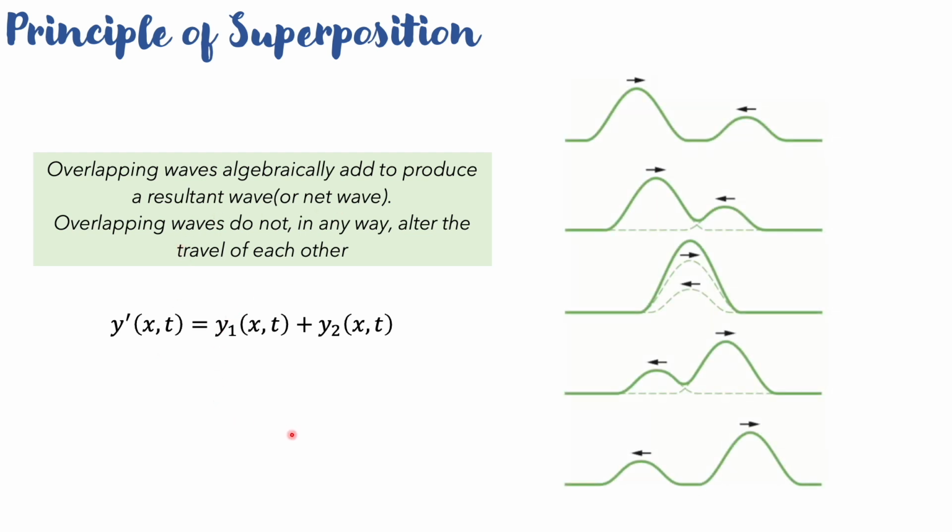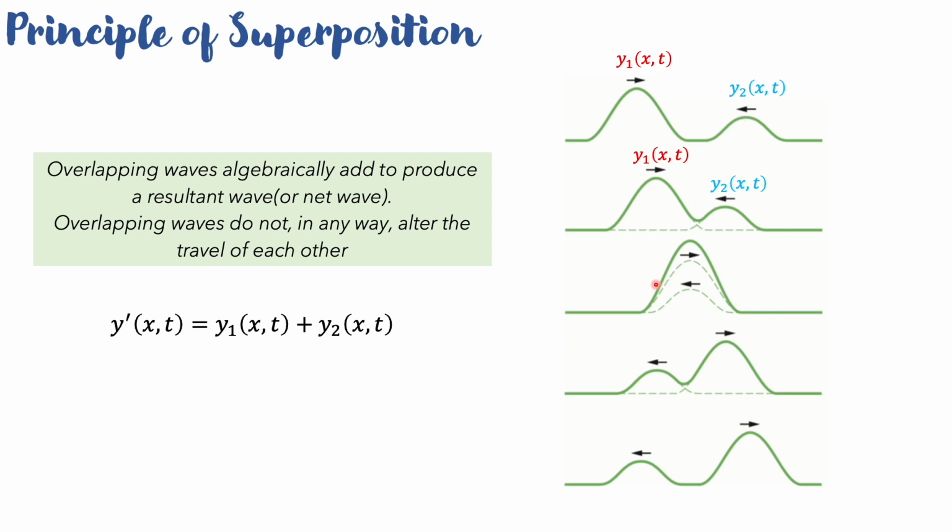So here is a demonstration of that. Let us consider these two waves: this wave has amplitude y1 and this one has amplitude y2. This one is moving rightwards, this one is moving leftwards.